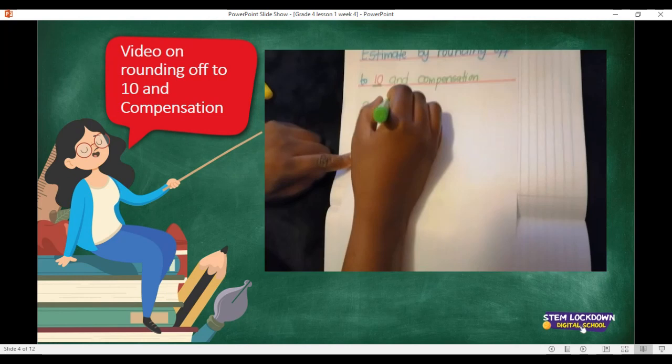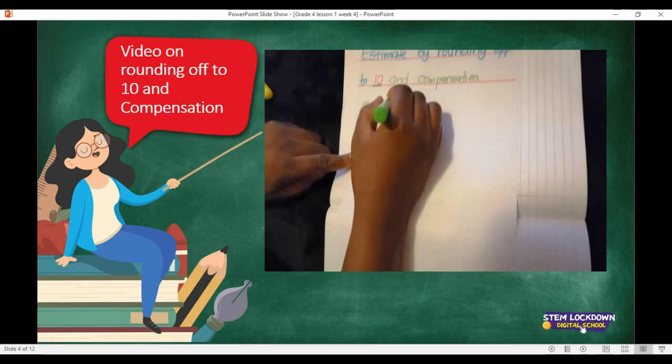So still the instruction is the same. Calculate the sum below by rounding off to 10 and compensating. Because from 2 o'clock, Mem Maleke has been saying that when we round off and compensate, we must only round off one number. And I'm not choosing the number. You have to choose the number yourself. Either way, you will get to the correct answer.